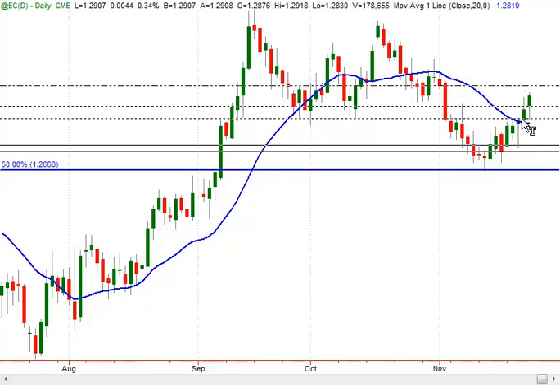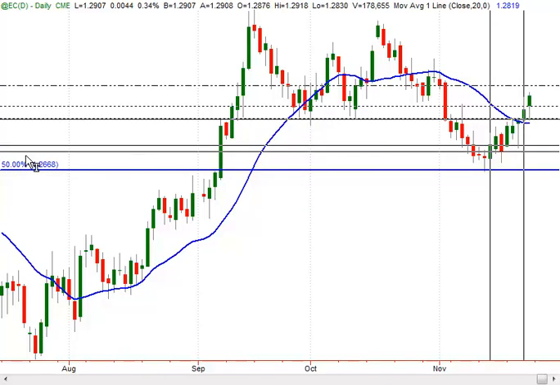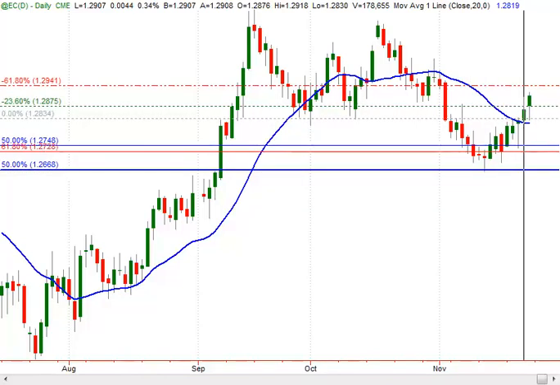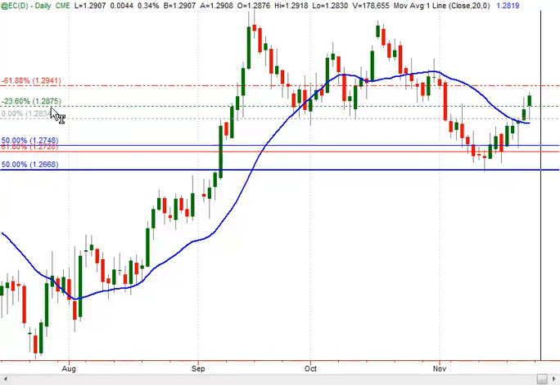This setup, which is very important, had the first target at 128.70, and that was hit yesterday, and we are still way off this 129.40, which would be the second level of target.